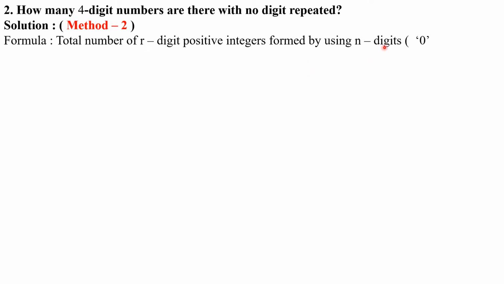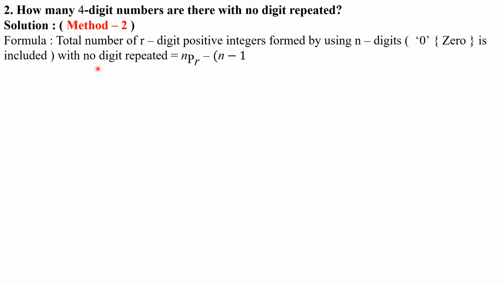If there are n digits in our hand, and 0 is also included in the given digits, and we want to write an r-digit positive integer in which no digit is repeated, the number is equal to nPr minus (n-1)P(r-1). We use this formula directly. nPr minus (n-1)P(r-1).